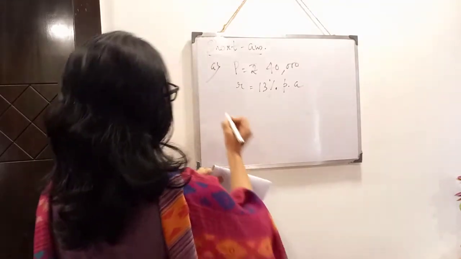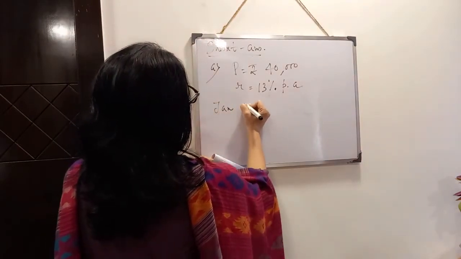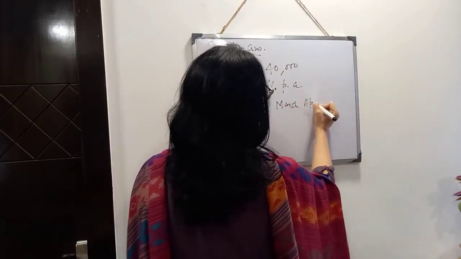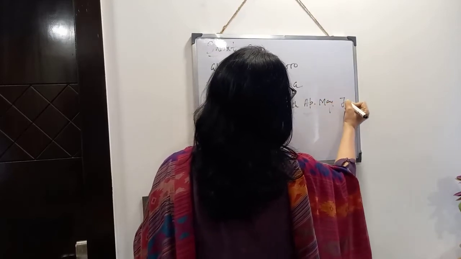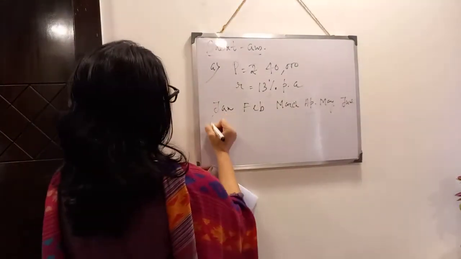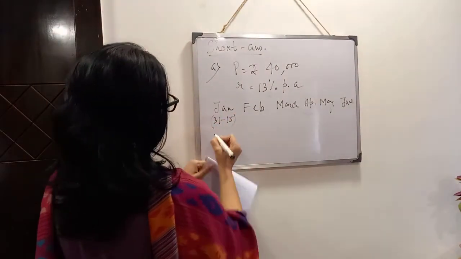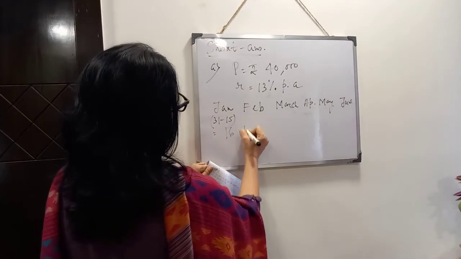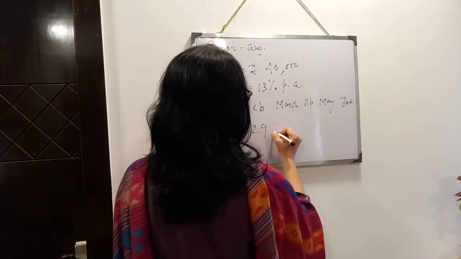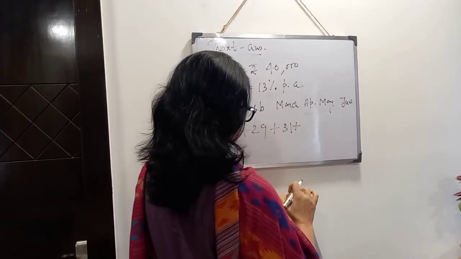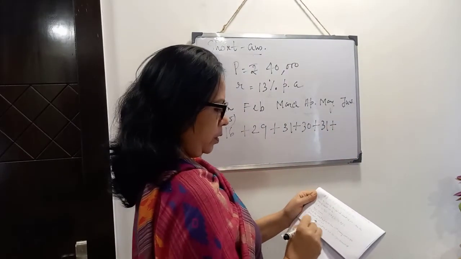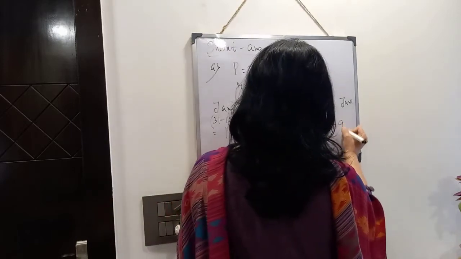Now we have to calculate the total number of days. 15 January 2004. So first January, February, March, April, May, June. Clear? 15th January, so 31 days, 31 minus 15 equals 16, plus February 29 days, plus March 31, April 30, May 31, and June it is told 9th June.